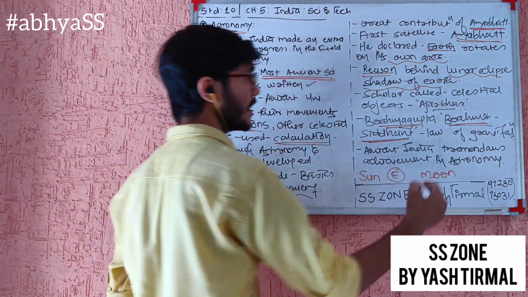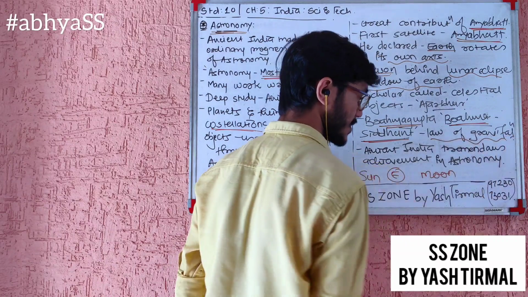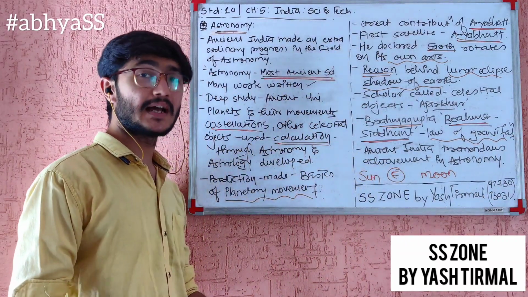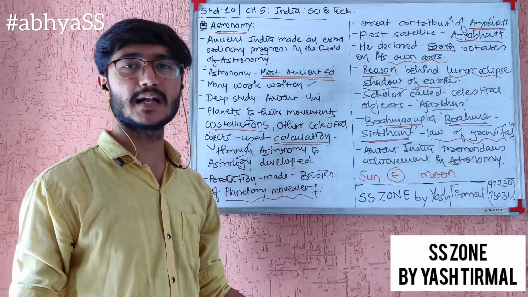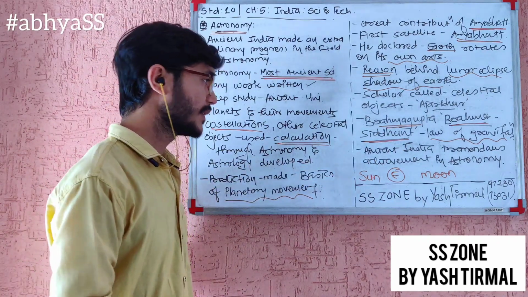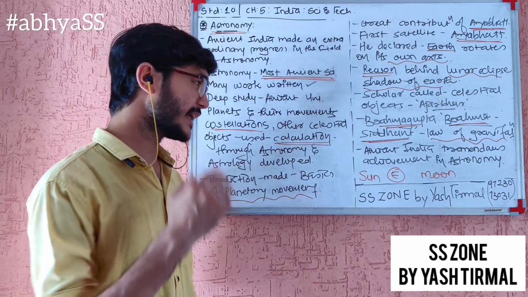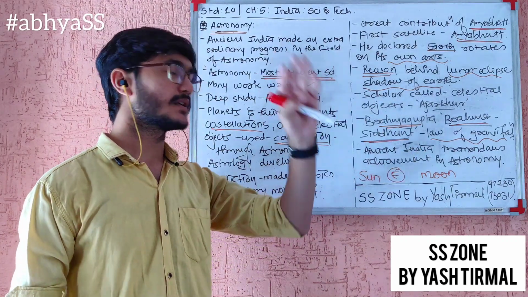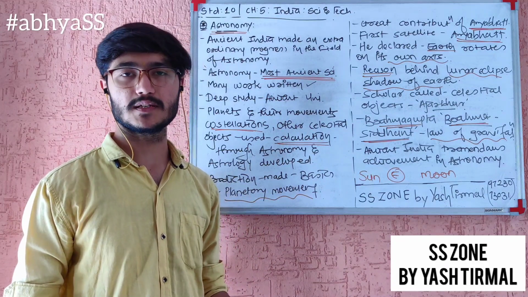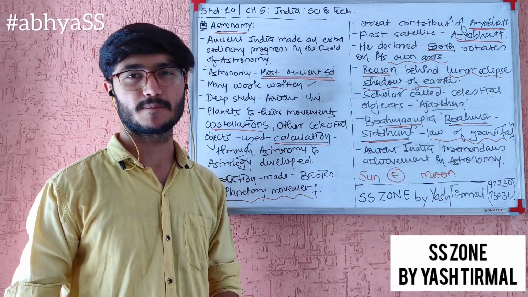He has given the law of gravitation. No doubt Sir Isaac Newton explored it, but it was discovered by our own Indian scientist Brahmagupta. So from this one can state that ancient India achieved tremendous progress in the field of astronomy. Thank you.